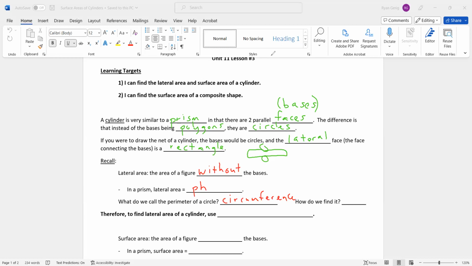How do we find it? Well, there was a formula. It's 2 pi r. So I'm going to replace P with 2 pi r, because P of a circle is 2 pi r. So to find the lateral area of a cylinder, we have lateral area equals the perimeter of the base, or 2 pi r, times the height. There it is.